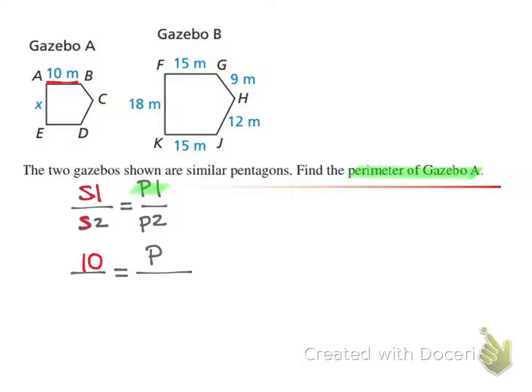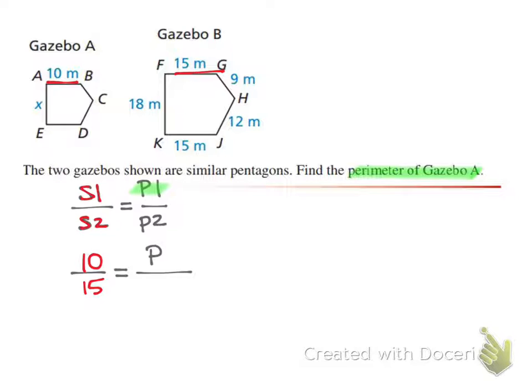And a side from the second has to correspond with the side we picked from the first. So that has to be 15. So a side from the first over a side from the second equals the perimeter of the first, which we don't know, and then the perimeter of the second we don't technically know, but we have enough information to figure out.